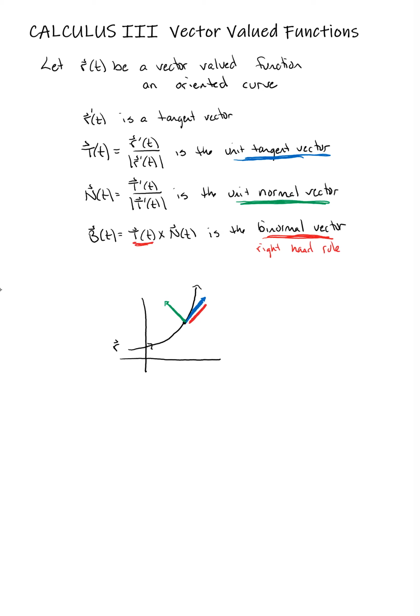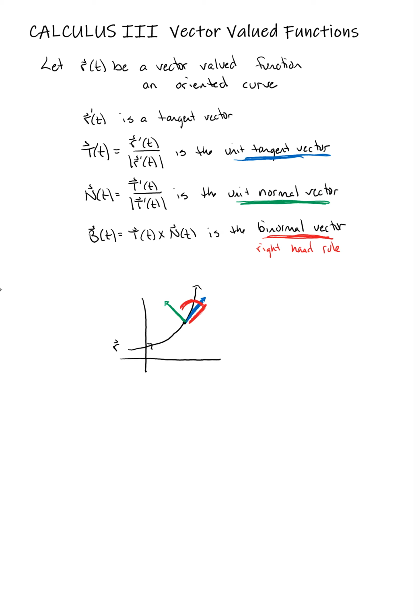In this case, our first vector was t, so along t, and then you curl your fingers toward the second vector, so towards n.